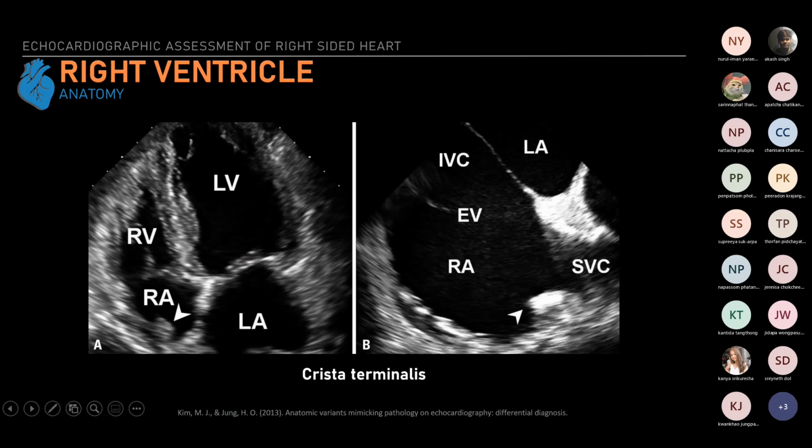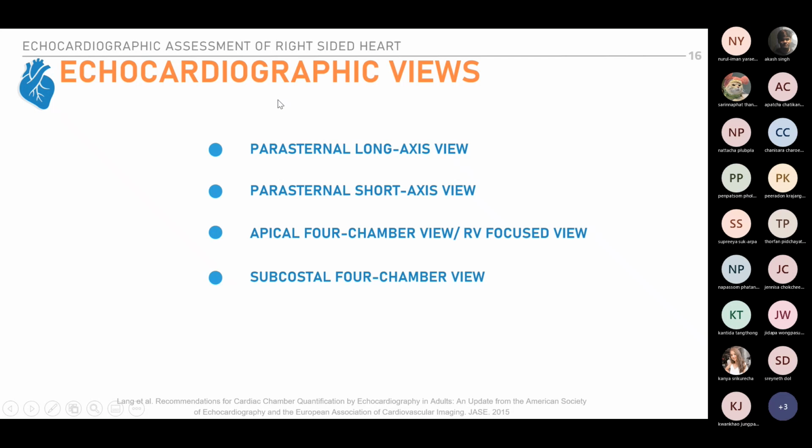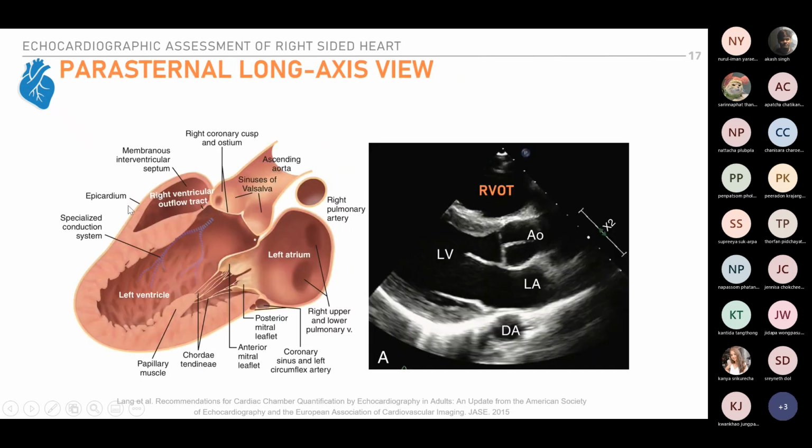So on 2D echo, the right side of the heart can be evaluated from these standard views: parasternal long, parasternal short, apical four-chamber, and focused view, and subcostal four-chamber view. On parasternal long axis, you will see the RVOT, which is anterior to the interventricular septum and aorta.